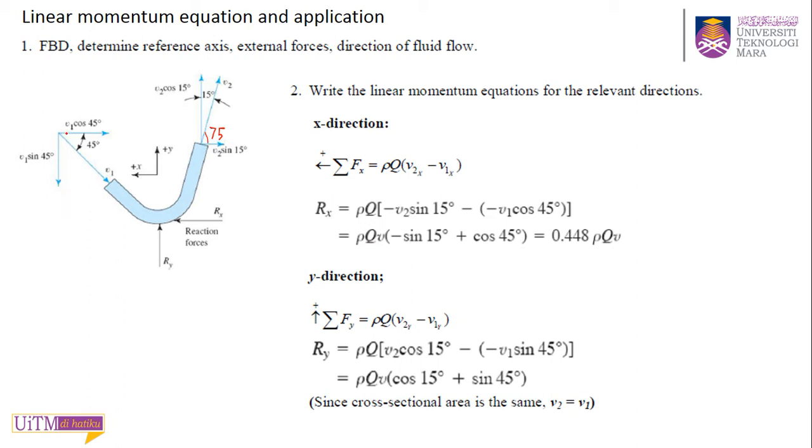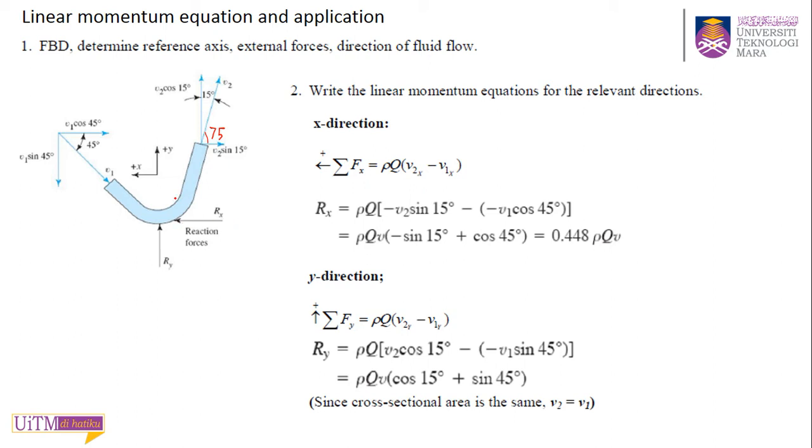So you have the V1 in X direction, V1 cos 45, and in Y direction, V1 sin 45. Equally for V2, in your X direction you have V2 sin 15, and in Y direction, V2 cos 15. And you have your reaction force.